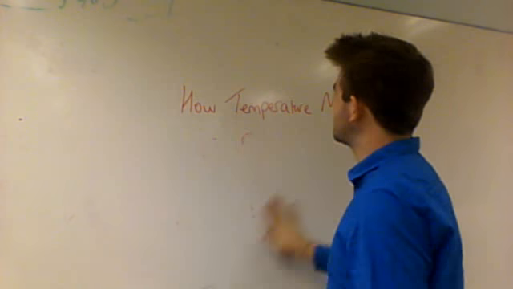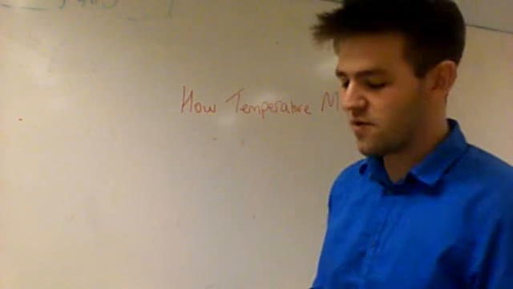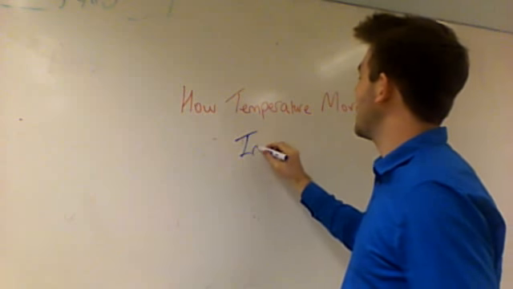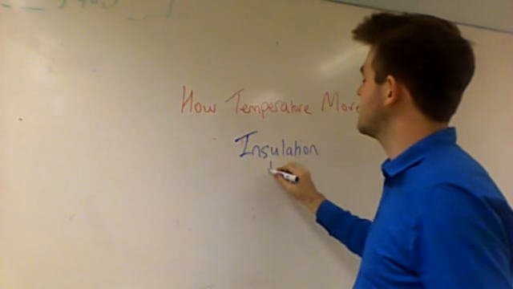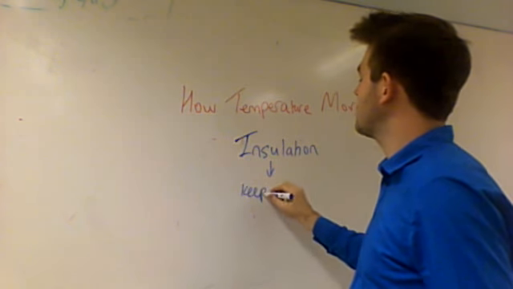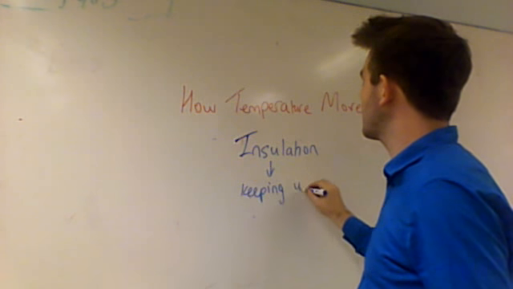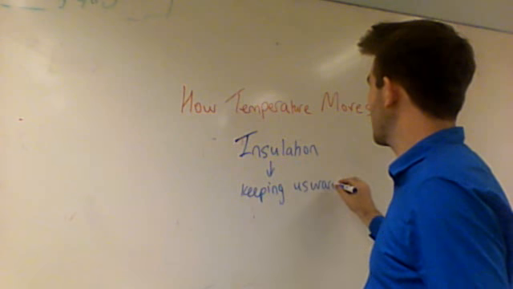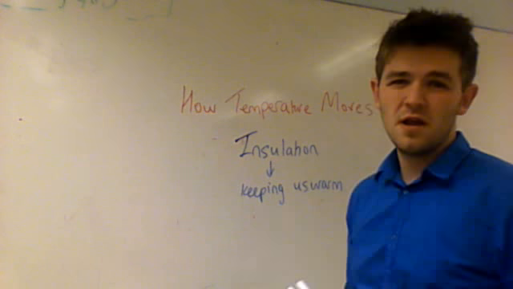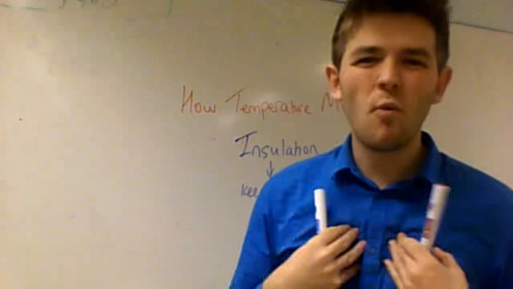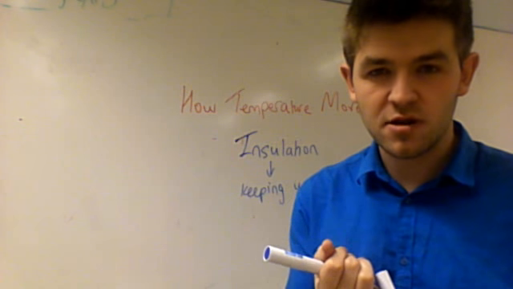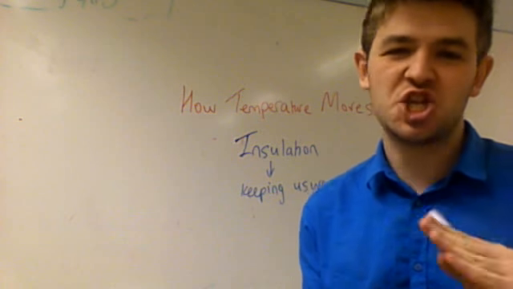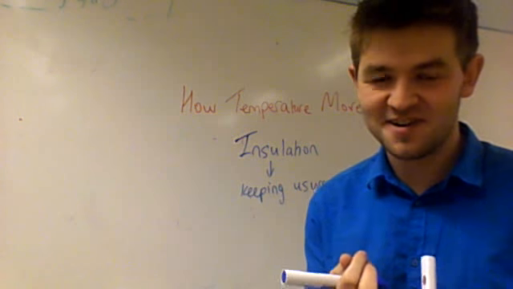All of this is important for one thing, which is insulation. Keeping us warm. If I want to keep me warm, I need to stop conduction. I need to stop convection.